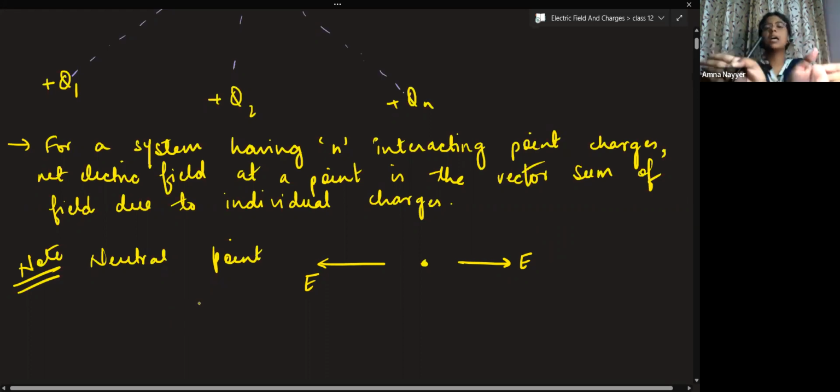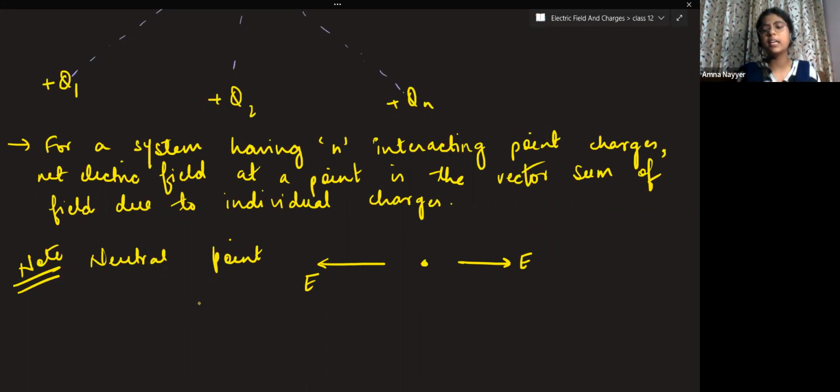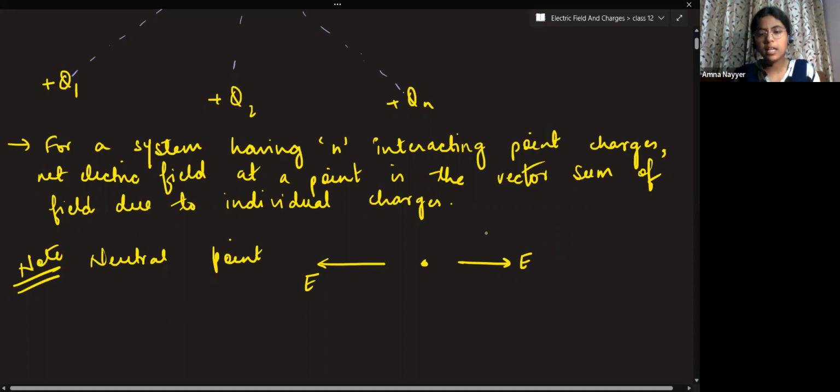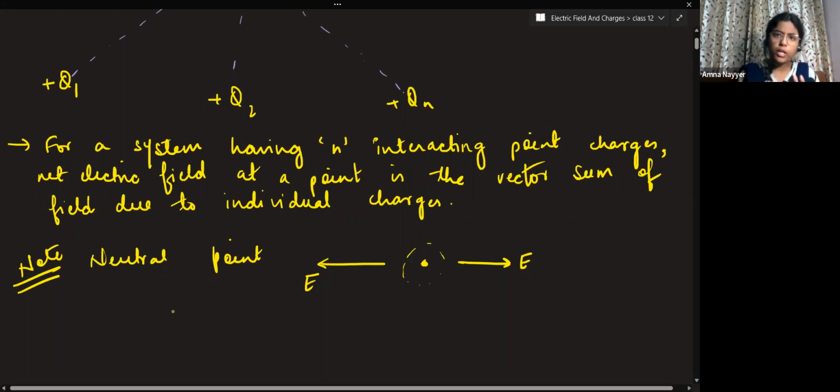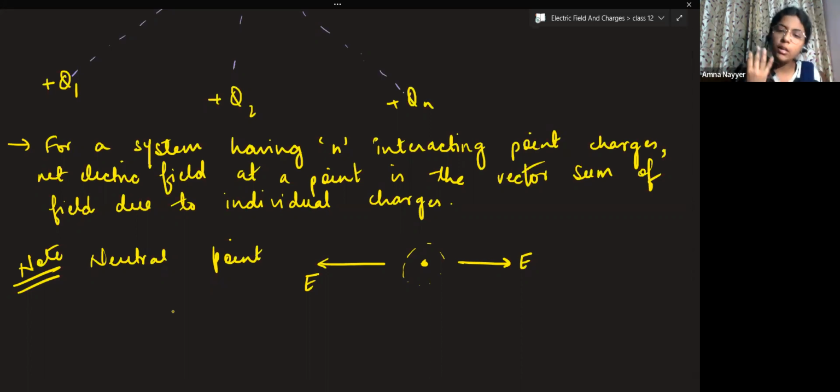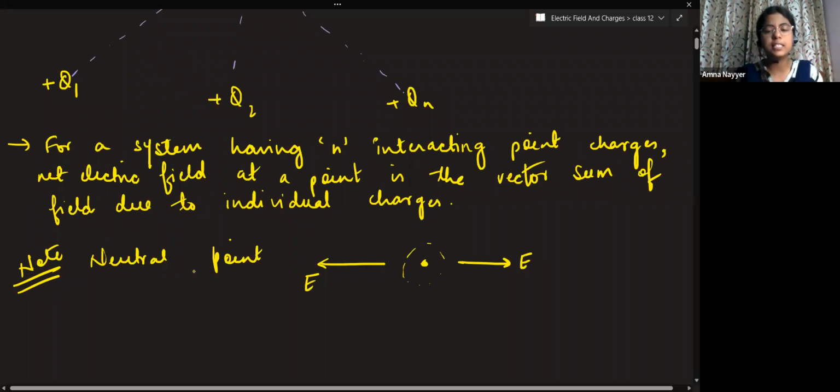Since both of them are in different directions, making an angle of 180°, both of these electric fields will cancel each other. So this point where the electric fields are cancelling each other is known as the neutral point. You can take it for force also, where the net force is 0, and you can take it for electric field as well, where net electric field is 0.